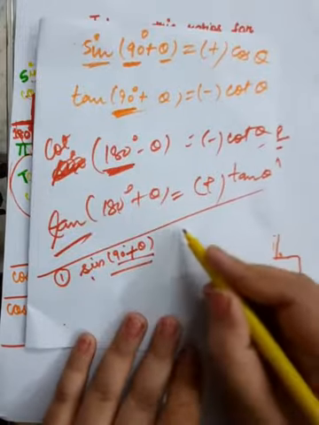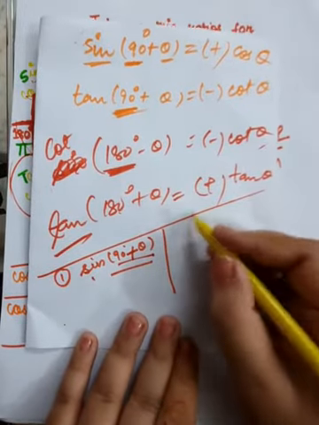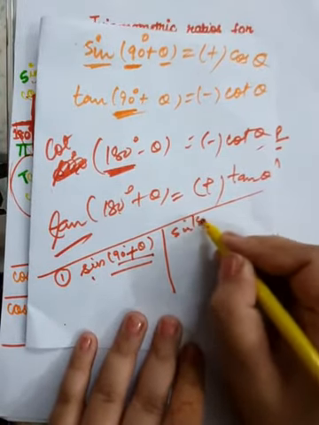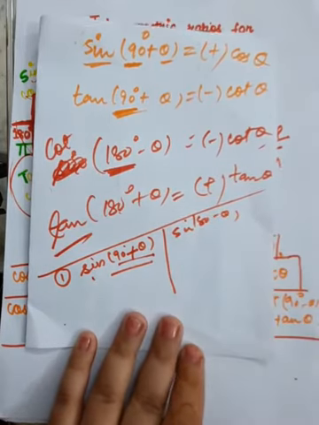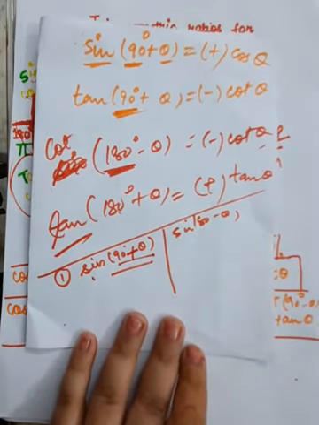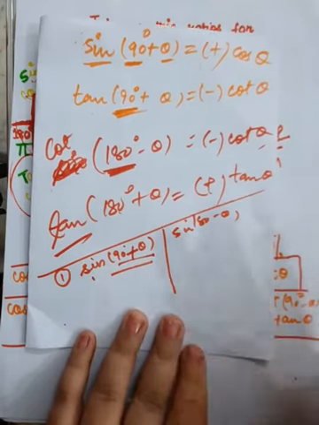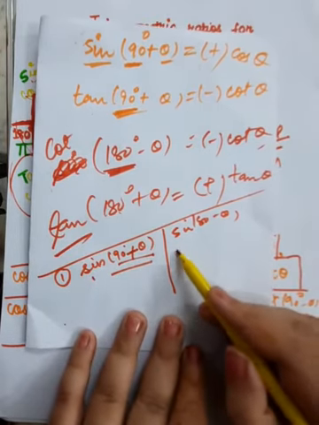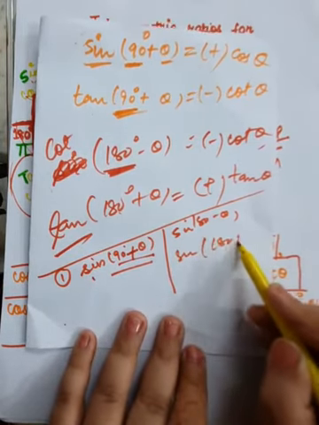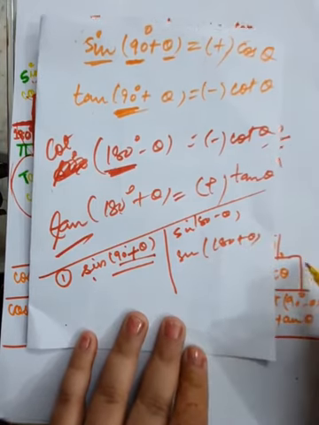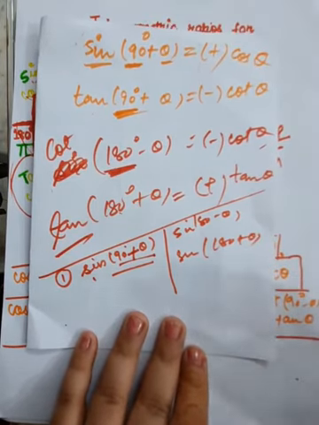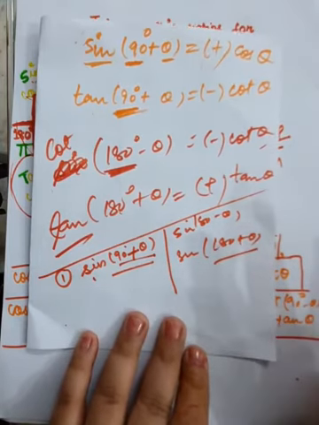After that, you will find out 6 more formulas of sine 180 minus theta, cos 180 minus theta, and so on up to cot. After deriving these 6 formulas, you will do sine 180 plus theta, cos 180 plus theta, tan 180 plus theta, and eventually find all the T ratios for 180 plus theta.